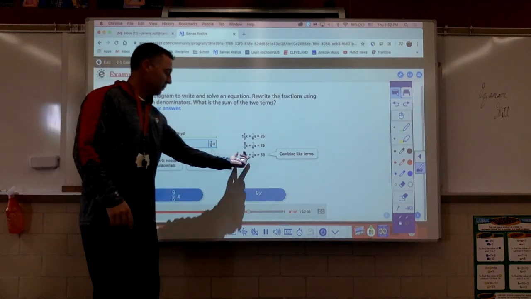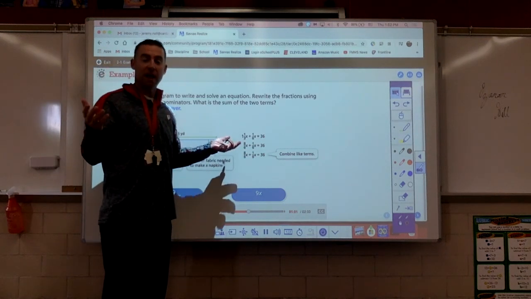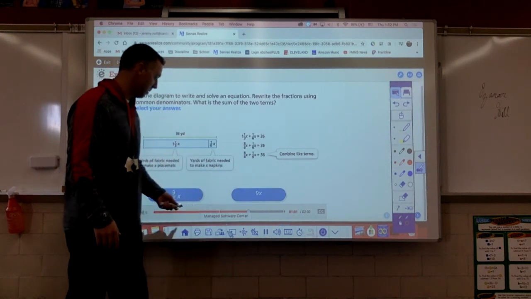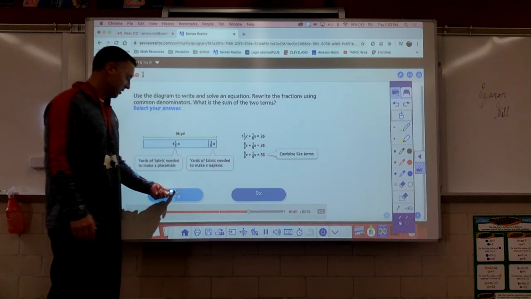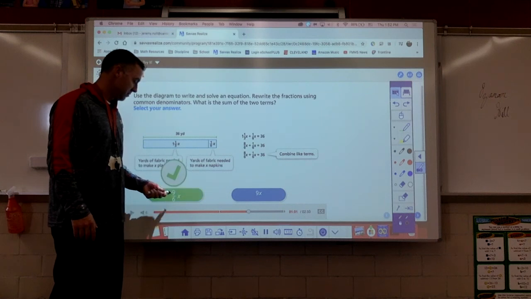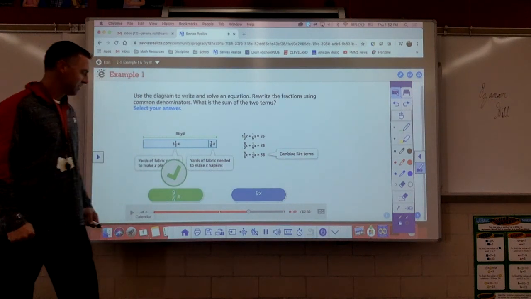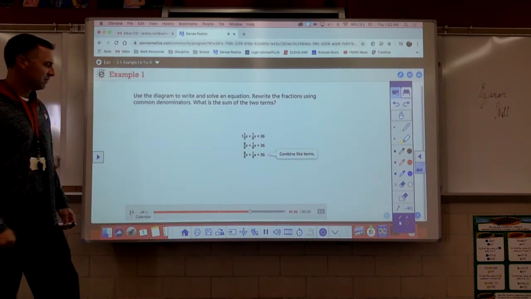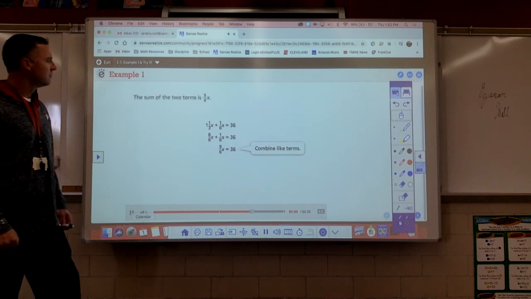Well, since they have common denominators, we simply just need to add the numerators and keep the denominator. So I'm going with this one, 9/6. 9/6 x is equal to 36.